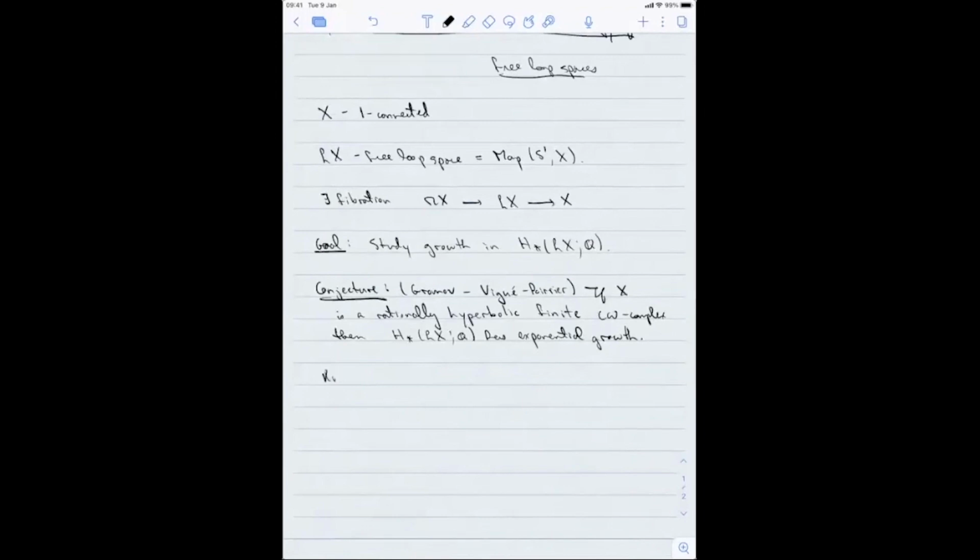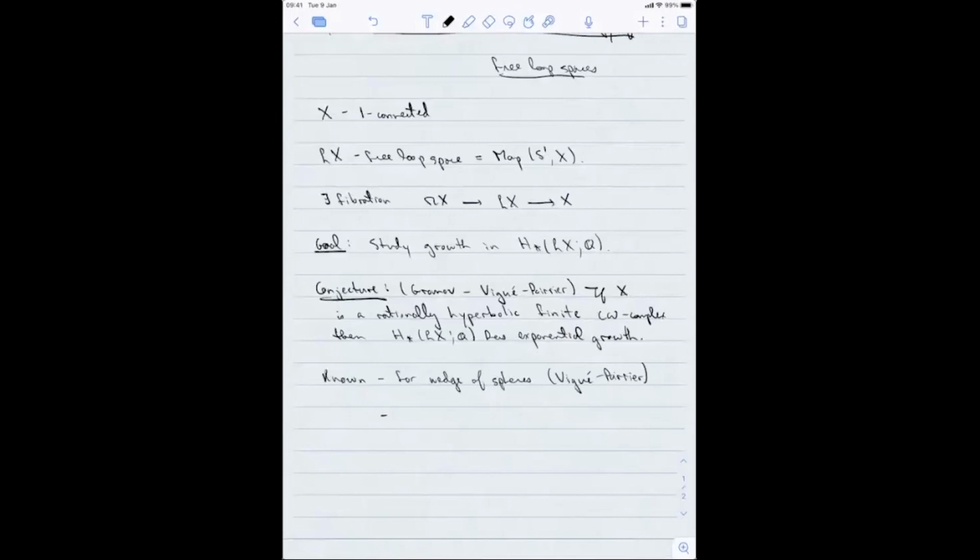This is known in some cases. It's known for a wedge of spheres, and this was due to Vigué-Poirrier herself.